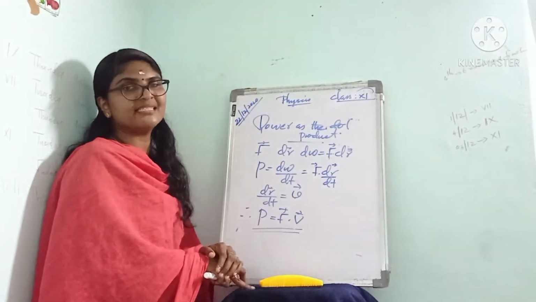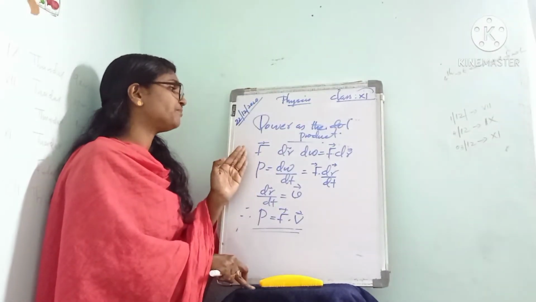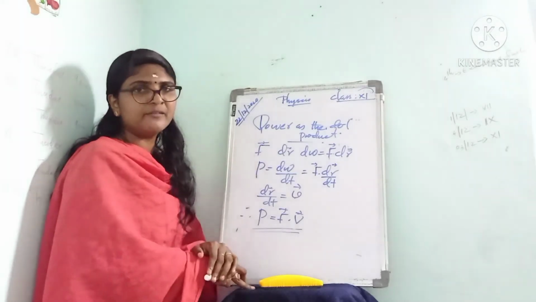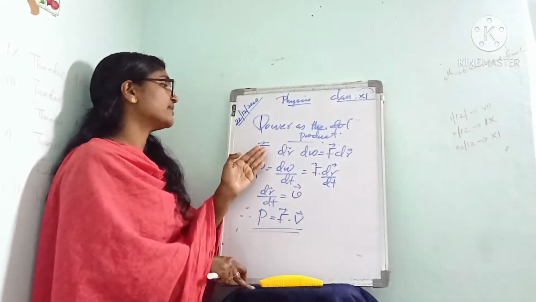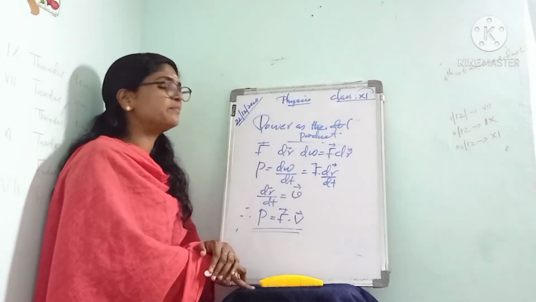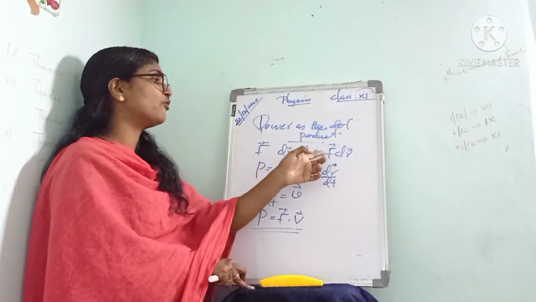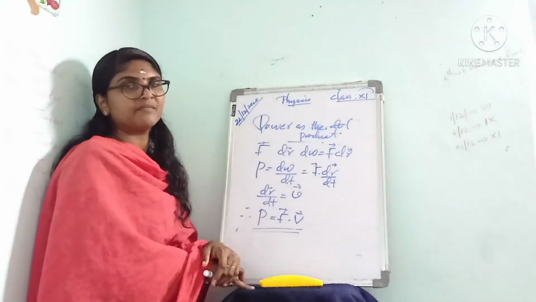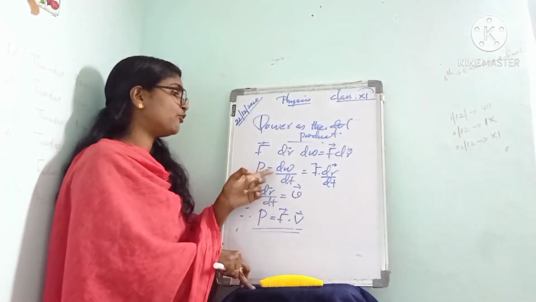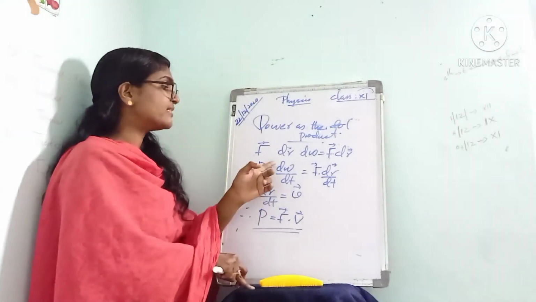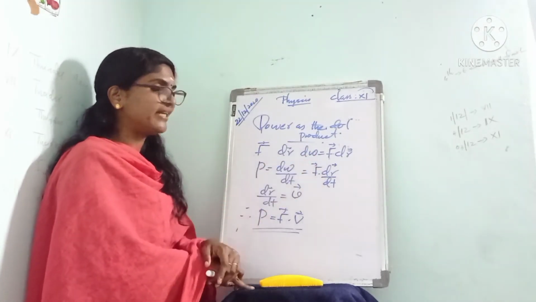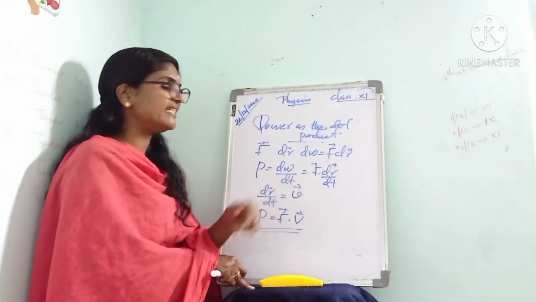Here we are considering a force F that causes a displacement dr in an object, and the work done by the force dW is equal to F dot dr. Then the instantaneous power P is equal to dW by dt. Instead of dW, we write F dot dr, divided by dt.